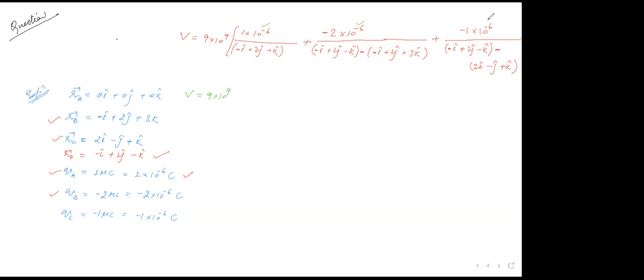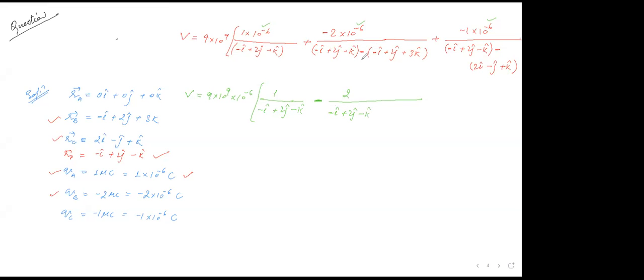From all of these three parts, you can take this as common. Then what is in your bracket? 1 over minus I cap plus 2j cap minus K cap. And now this is your minus 2. If it is minus 2, you can take the minus sign, because plus and minus after multiplication gives minus again. Put all of the values after multiplication of sign in the bracket. You get I cap plus 2j cap minus k.